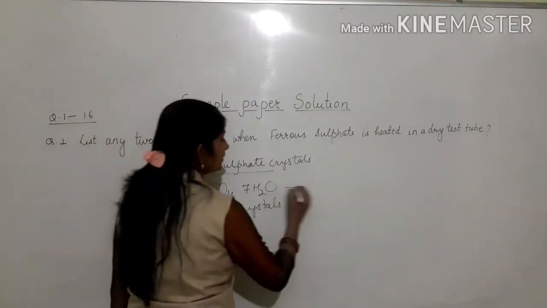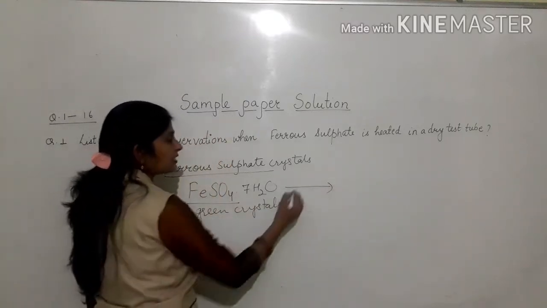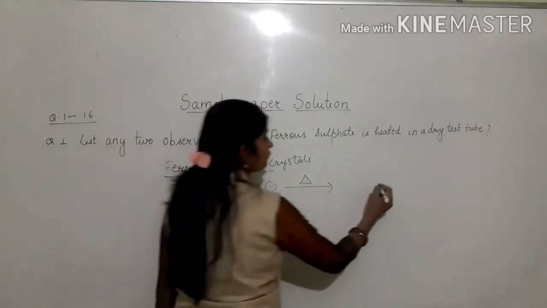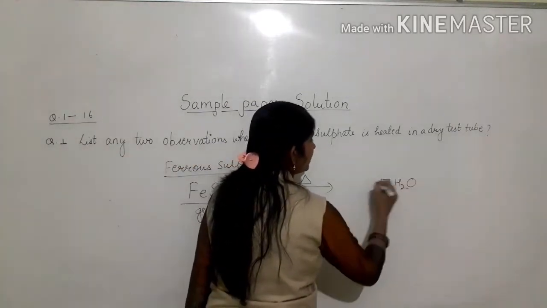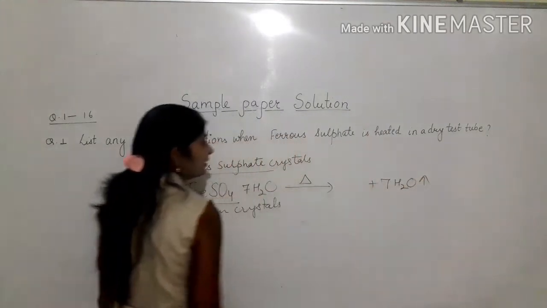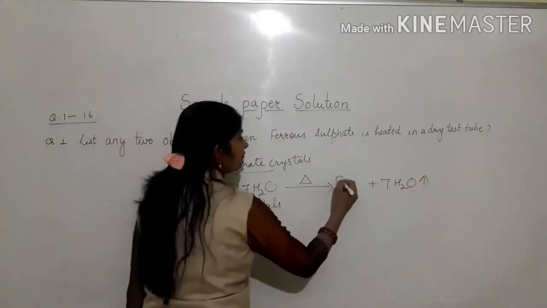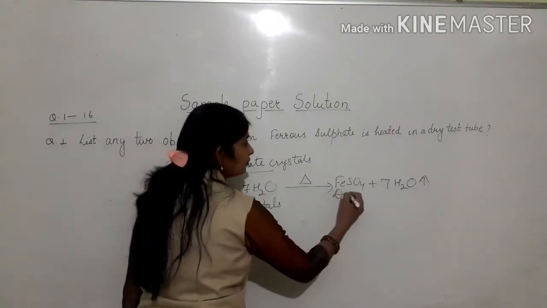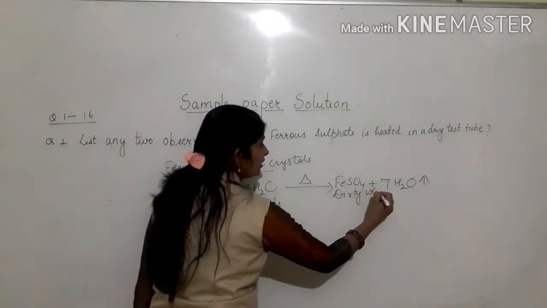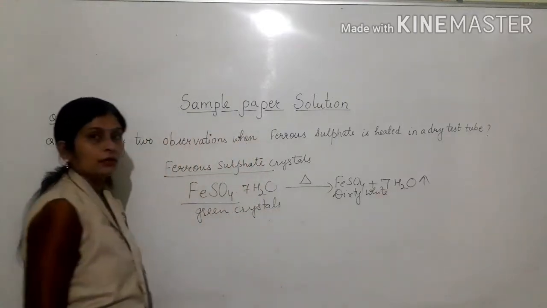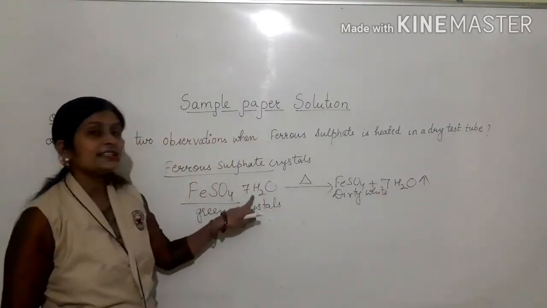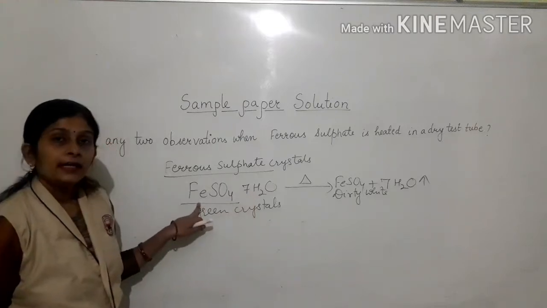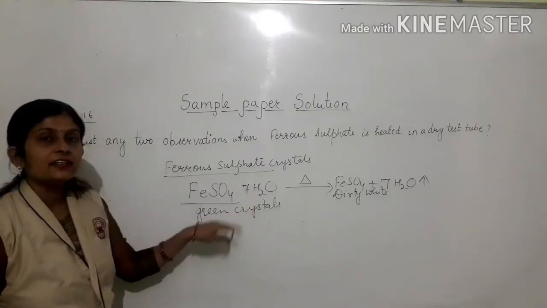Okay, when these crystals are strongly heated, then these 7 water of crystallization get evaporated, leaving behind ferrous sulfate, which has dirty white color. Because due to these 7 water of crystallization, it has green color and crystalline shape.